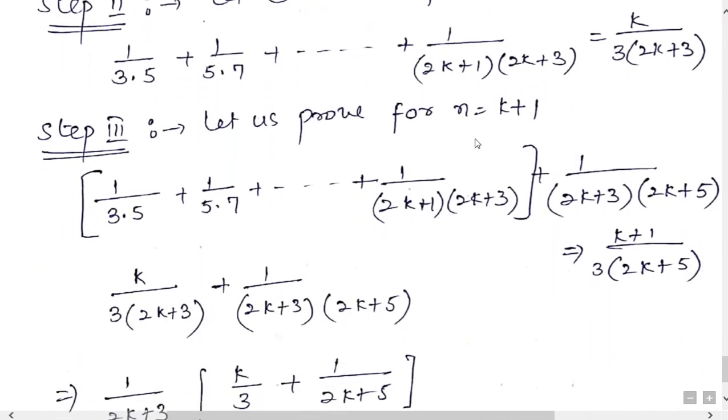Then k plus 1. It means the value is 2k plus 3 and 2k plus 5. And the second last value will be 2k plus 1 and 2k plus 3 because difference of 2 is there. And on right hand side, k plus 1 divided by 3 into 2k plus 5 because first value is 2k plus 2 plus 3 is the second value.